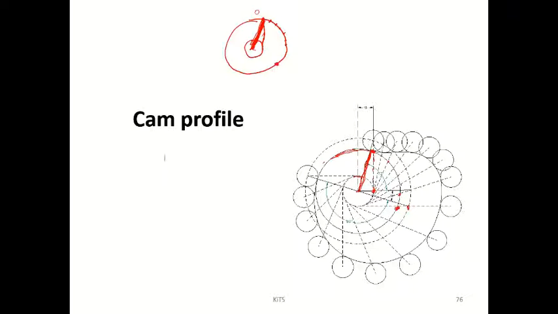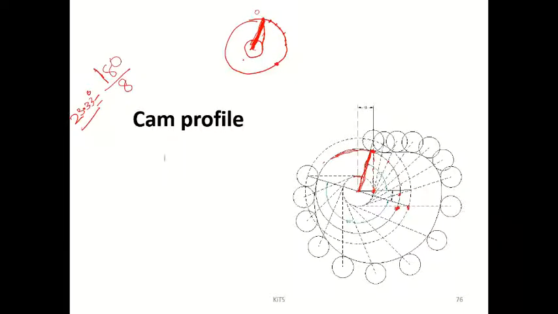Then remaining we have 180 degree. We have to divide this 180 degree into 8 parts. Okay, 8 parts means how much value will we get? 22.5 degree.